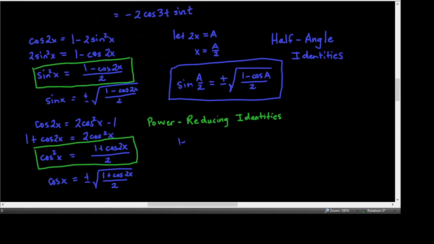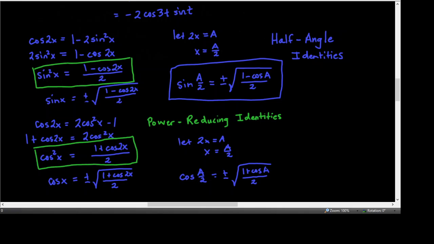So again, I want to let 2x equal a, which of course means that x is the half angle, a divided by 2. And that means that the cosine of x, which is a over 2 by substitution, is equal to plus or minus the square root of 1 plus cosine of 2x, which is what a is, all over 2.